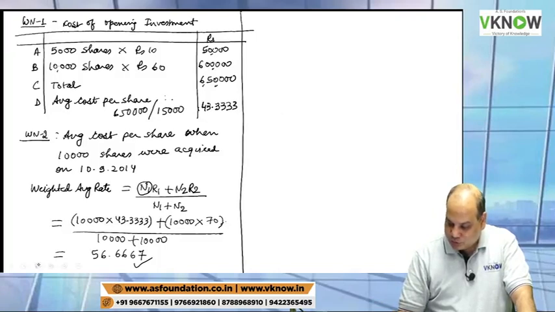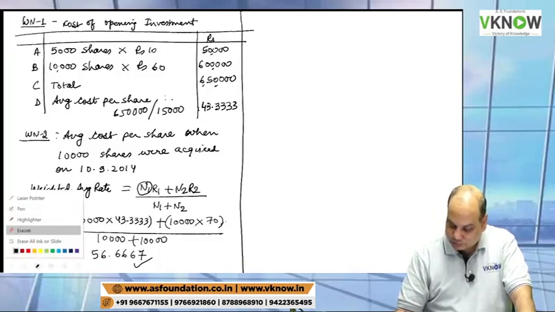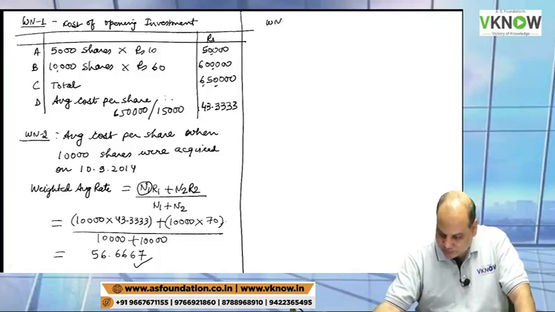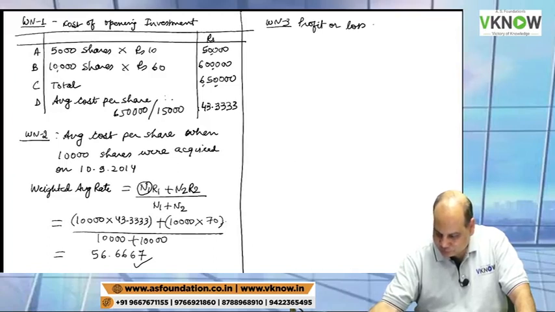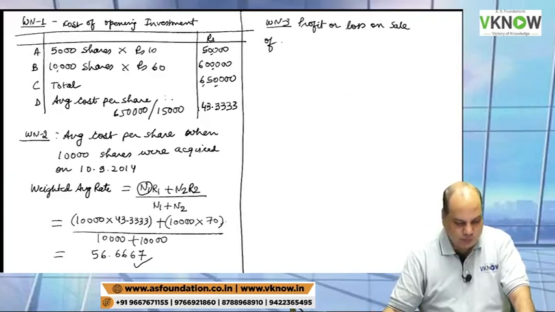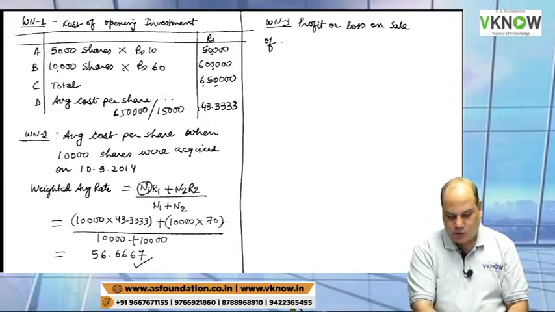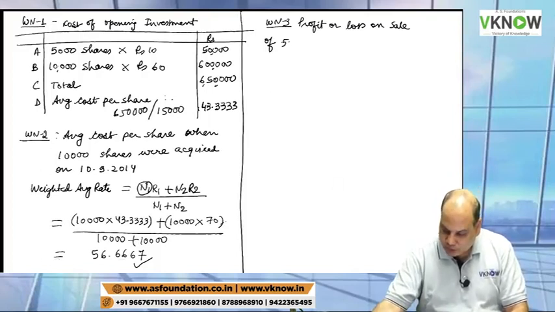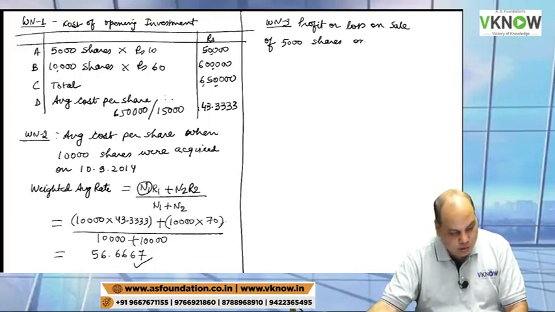Now we'll go to the next working note. Working note number 3. Profit or loss on sale of 5,000 shares on 1st July 2014.